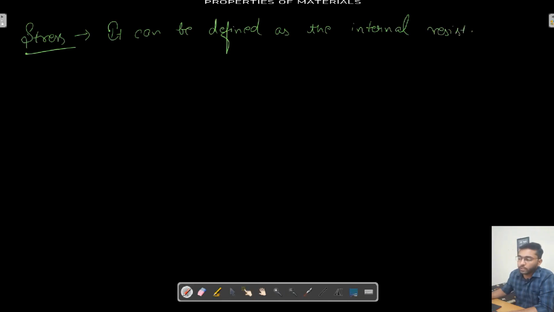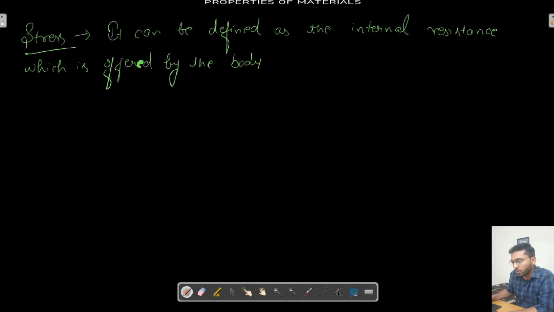As we have discussed it, stress can be defined as the internal resistance which is offered by the body in order to resist the deformation.